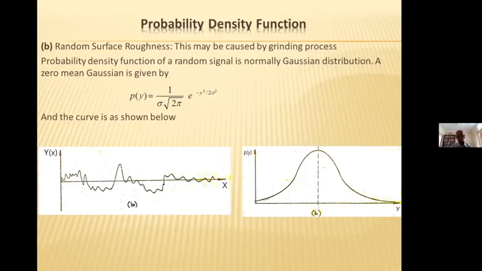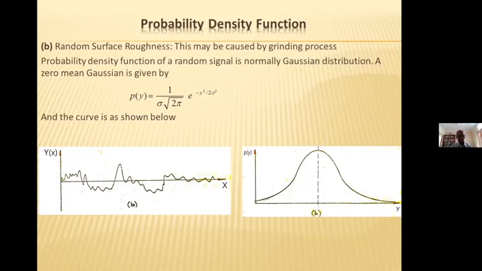And we all know that the random surface is given by a Gaussian distribution, which is something like this, where there's a peak at the middle point and it widens on the other two ends. It is usually given as p(y) = 1 by sigma root 2 pi e to the power minus y square by 2 sigma square. Sigma is the standard deviation.